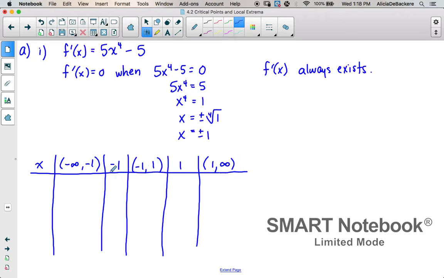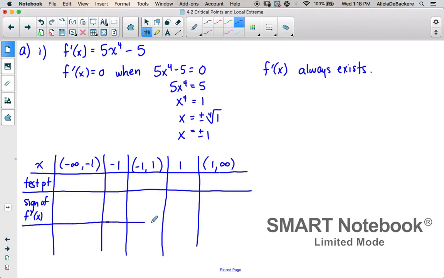I have to go from smallest to biggest. All right, we're going to pick a test point. We're going to figure out what is the sign of the derivative. We just need to know about those positives and negatives because we want to see if they switch sign.